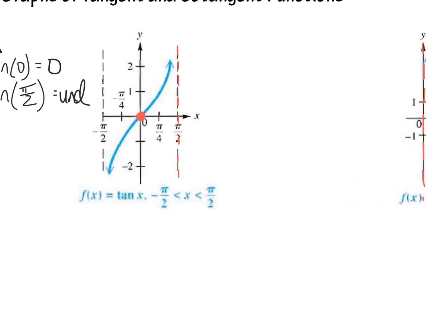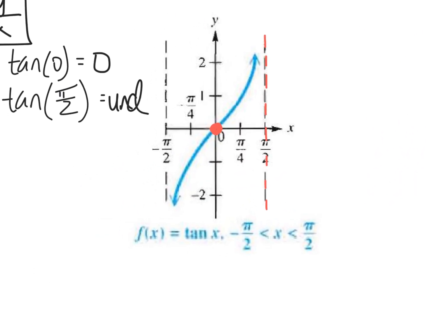Other thing I want you to keep in mind is that this one is a tangent graph, and notice how it goes from down to up. That's an increasing function. Remember what we had you memorize was that tangent, as theta increases, the tangent also increases. This is an increasing function.